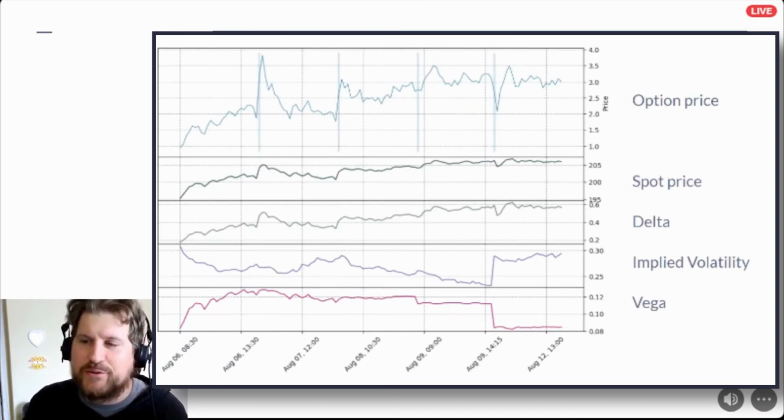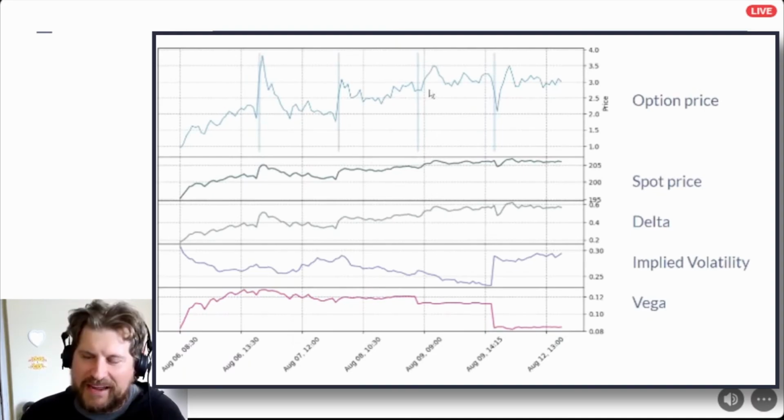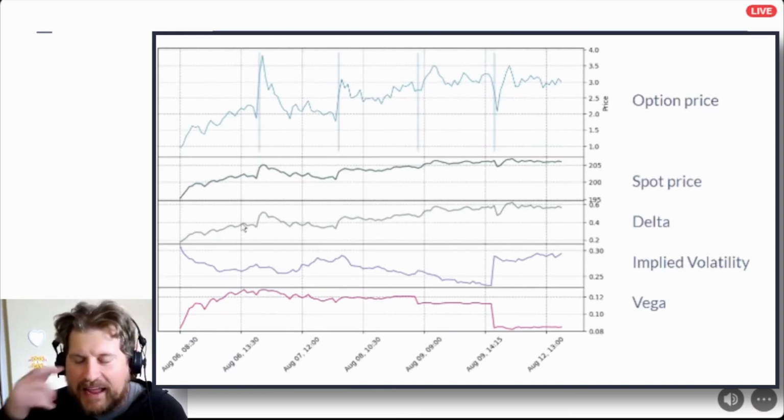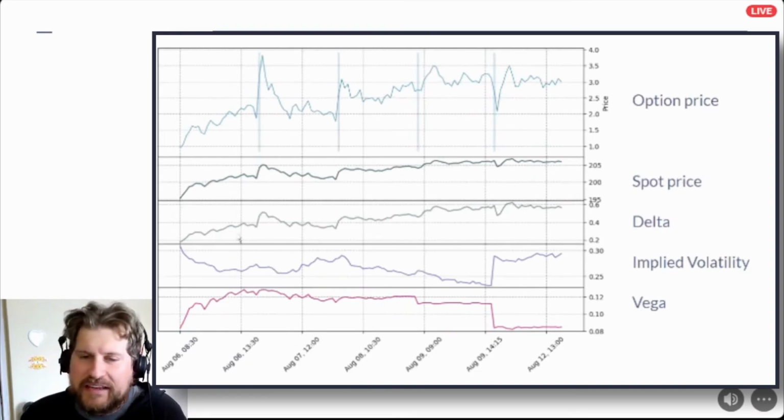Now, you didn't lose money on this trade, right? During the day, your contract maybe traded up from $1.50 to $2.25, something like that. These blue vertical lines are where we roll over from one day into the next. And you could see it was great. You made money on your option, like you made a good delta trade.